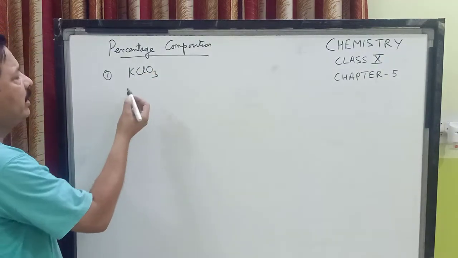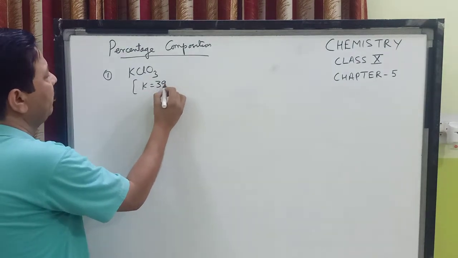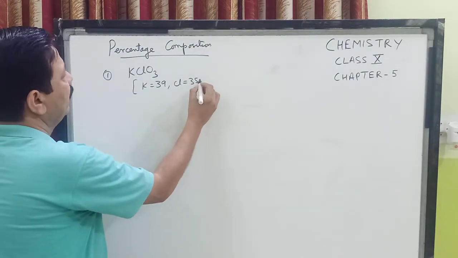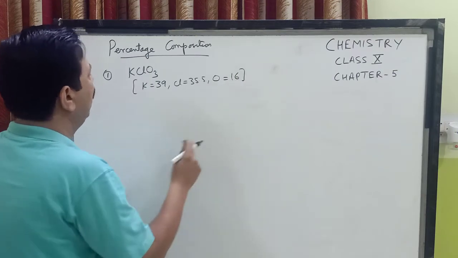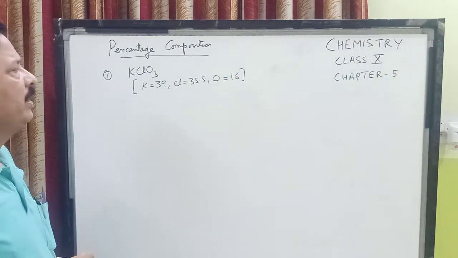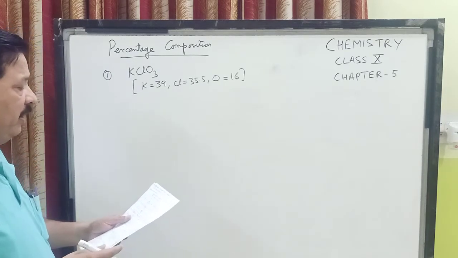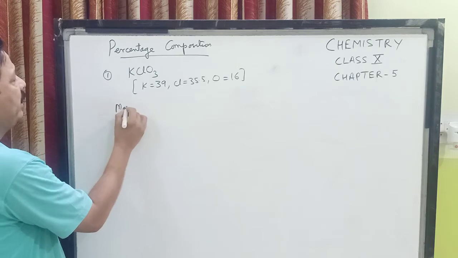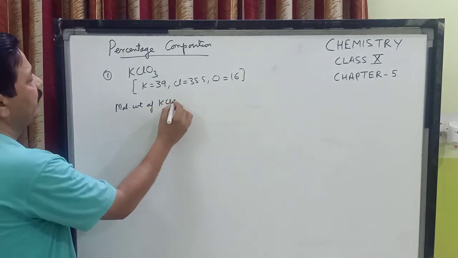And children, whenever this percentage is asked, the atomic masses of all the atoms present in a compound are given. So we say that the atomic mass of potassium is 39, chlorine is 35.5 and oxygen is 16. Now children, first of all we calculate the molecular weight of KClO3.